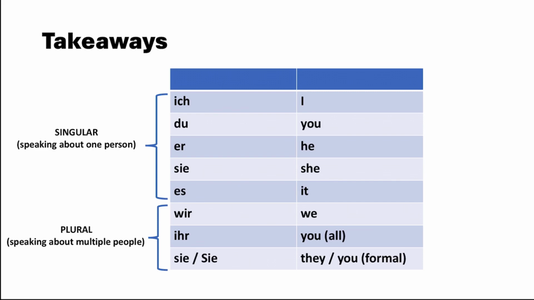And wir, ihr, sie are plural, speaking about multiple people. Speaking in first-person view, so speaking about yourself, would be ich and wir. Second person would be du or ihr, speaking to someone. And third person, speaking about someone, er, sie, es, and sie.